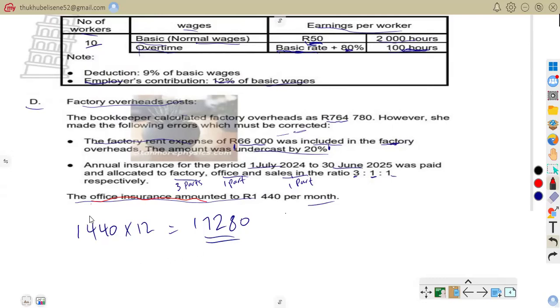Because office insurance is an administration expense, so it has nothing to do with factory overheads.